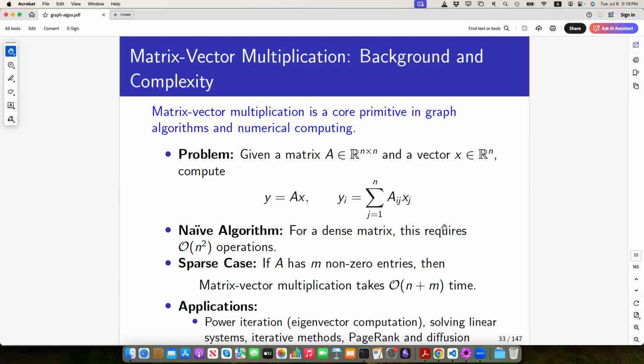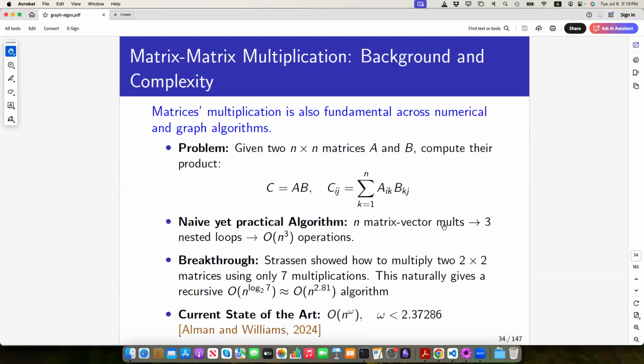Matrix vector multiplication is efficient, but when you do matrix multiplication, because you have n such matrix vector multiplications, if you do it in the straightforward way, it's a cubic operation. There exist some ingenious algorithms. The first one, by Strassen, gave an n to the 2.81 algorithm.